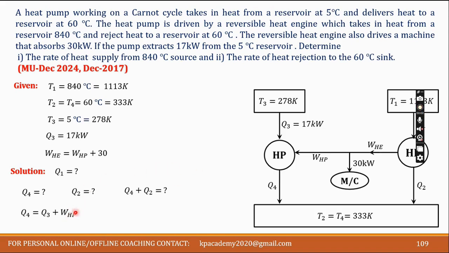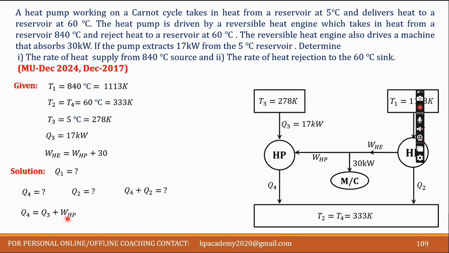So what is unknown here is the work given to the heat pump, because Q3 is known to us, that is 17 kilowatt. In order to find Q4, we need to find the work input given to the heat pump.